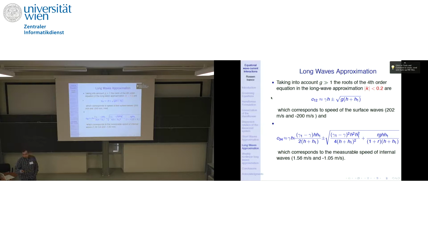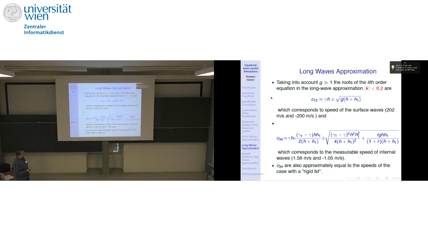Okay, this is probably a good question, so I cannot answer it immediately. But our main idea was to look mostly at the long waves, because they are something more spectacular in these things.